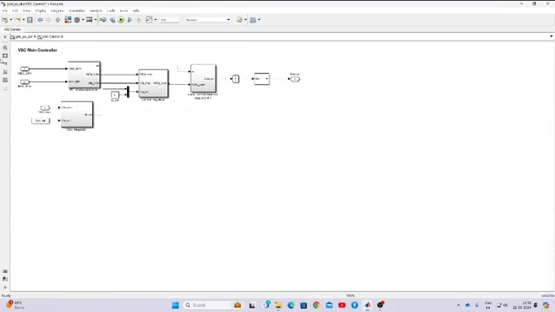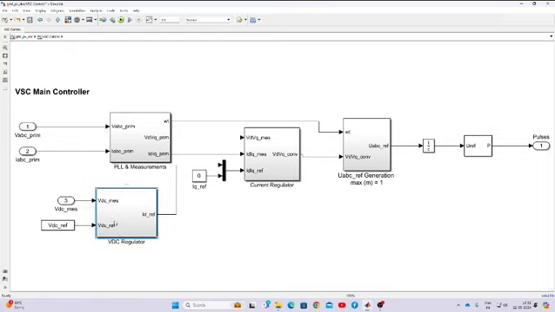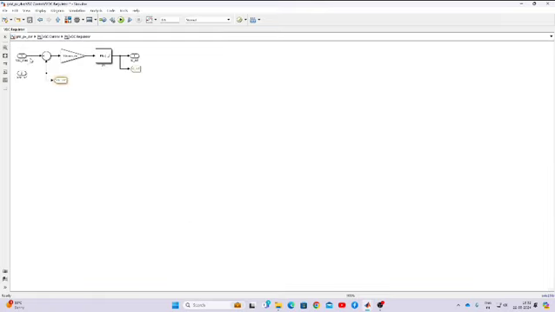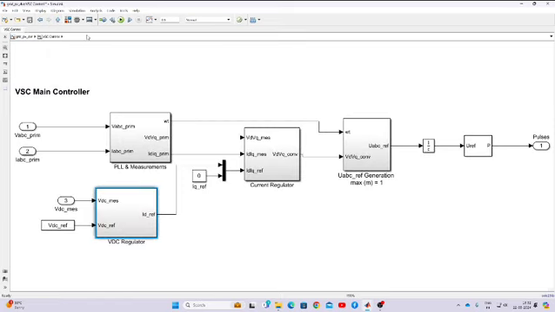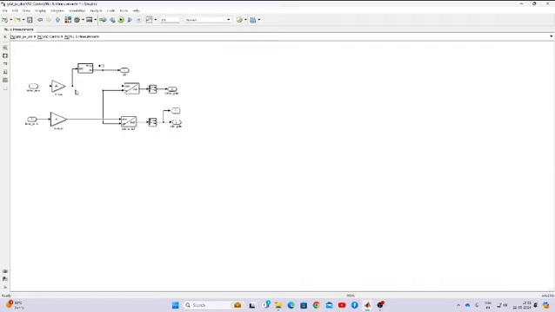Inside you can see that we have two things. One is the voltage regulator: you measure the DC link voltage and compare it with the VDC reference, then process it via a PI controller. This will generate the ID reference. Then, based upon the grid bus voltage, you convert VABC and IABC into VDQ and IDQ, applying the ABC to DQ0 transformation.